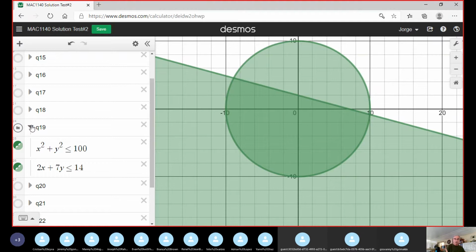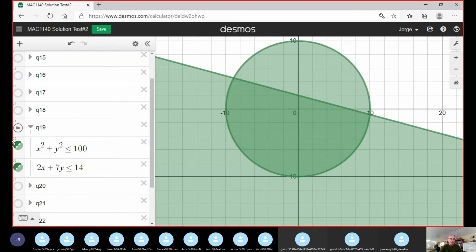Explicit is when y is isolated, it's more clear. The word explicit indicates it is more clear, because when it's implicit, something is hiding. But in Desmos, no. In Desmos, everything is clear.